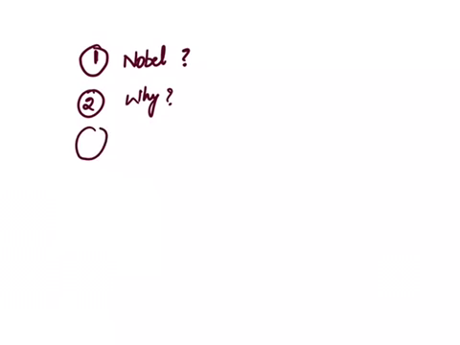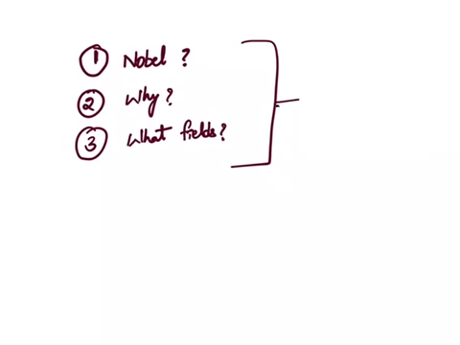Other than these, if you are preparing for Group 1, Group 2, the State Services Exam, we should know certain factual data, like when this Nobel Prize was first awarded, why these Nobel Prizes were awarded, and in what fields they are awarded. All these factual data we should note down for our state services.